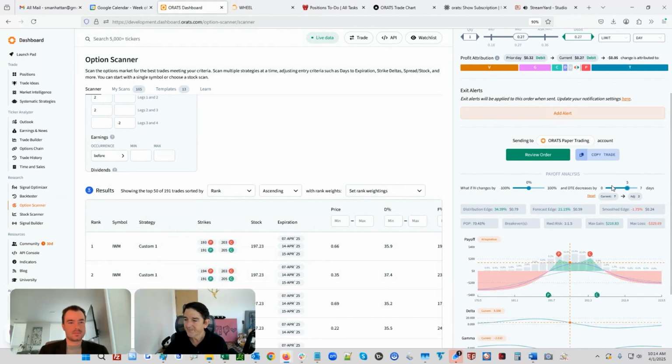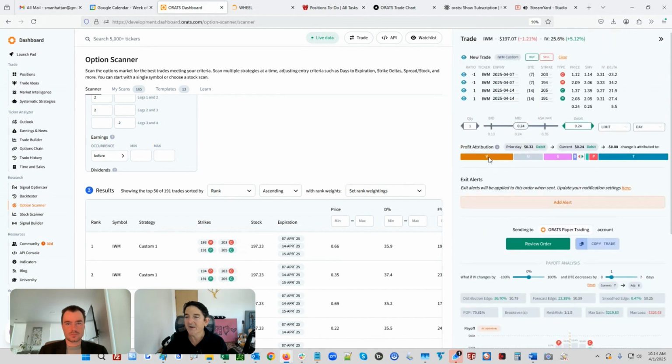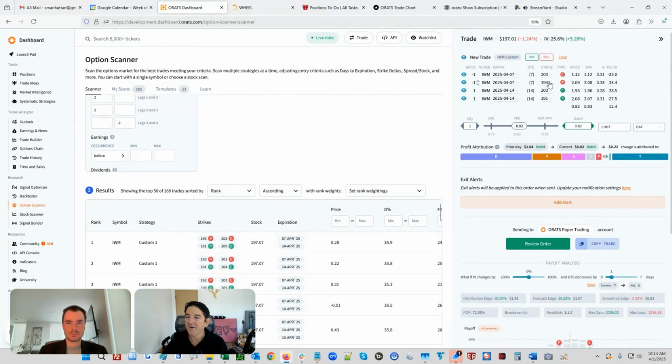Right, exactly. So this is a kind of trade that I'm okay with. This is kind of what we're looking for, right? If we just did a call calendar, so let's just say we sold the 203 here and then we bought the 194, we're going to be paying a lot more for it, right?